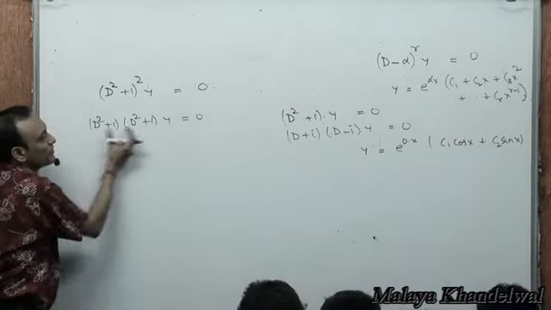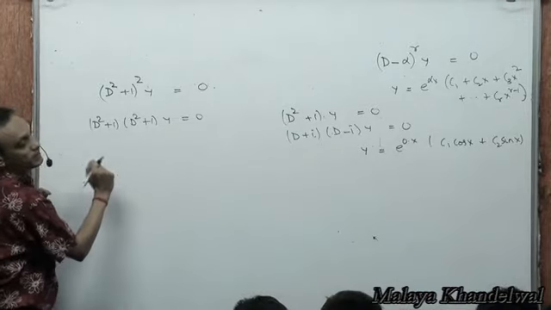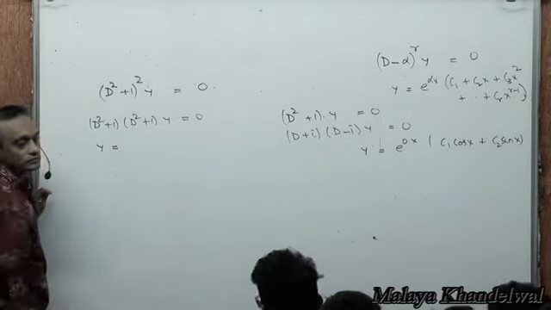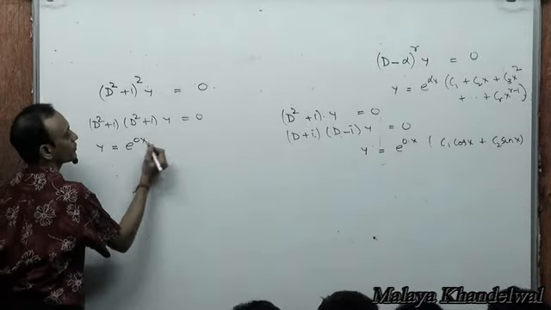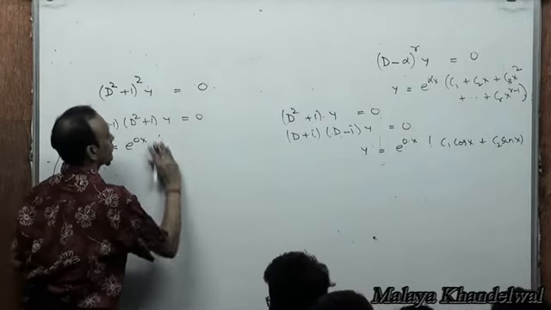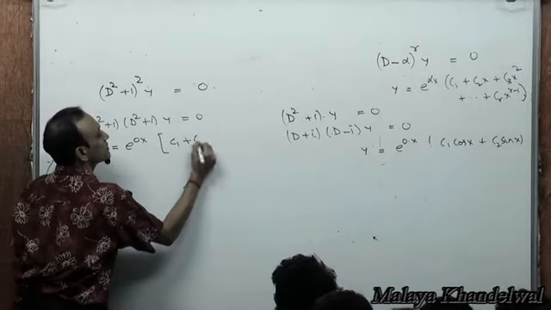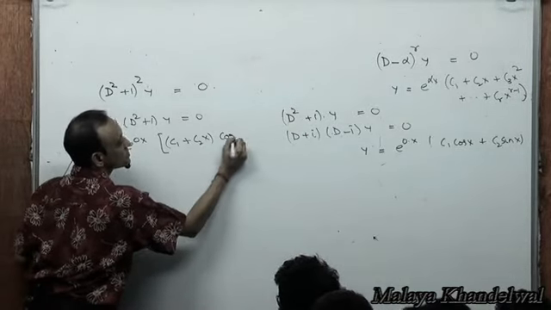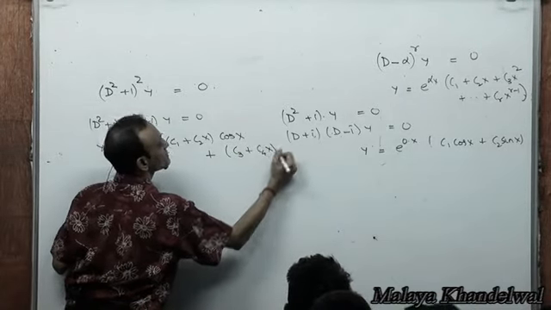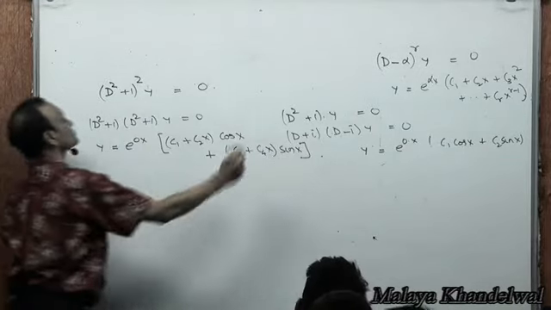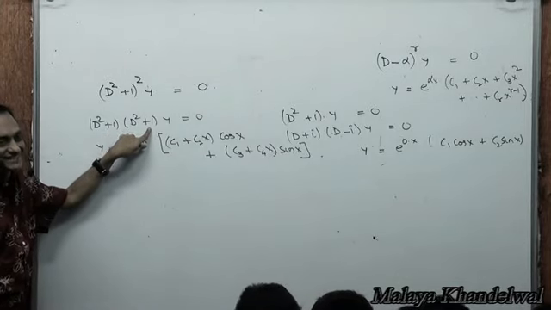The contribution made by this is going to be y equal to, same thing, e to the power 0x, instead of c1 you will have (c1 plus c2x) cos x, instead of c2 you will have (c3 plus c4x) sin x. That will be the solution if plus minus i has occurred twice.